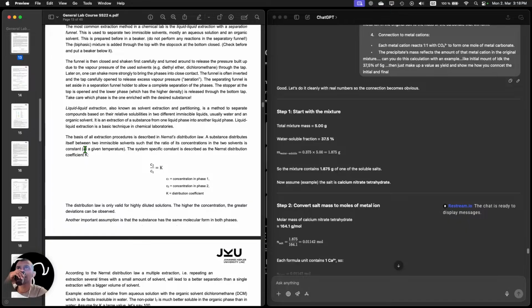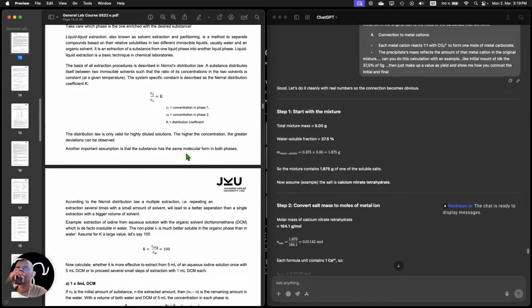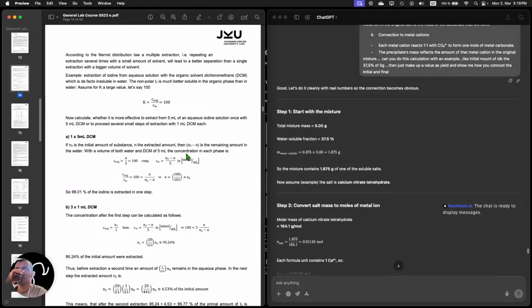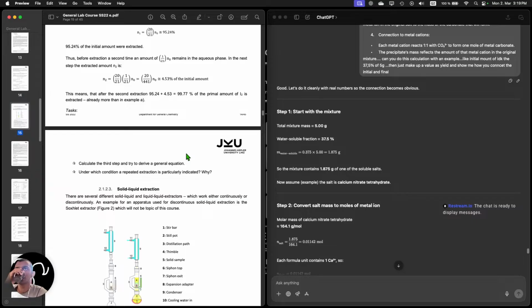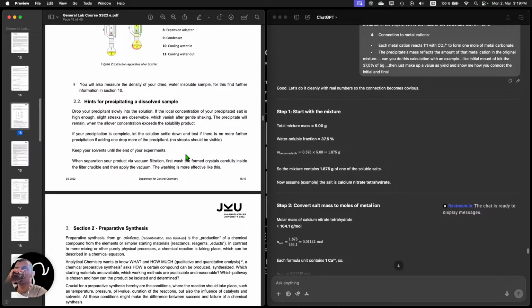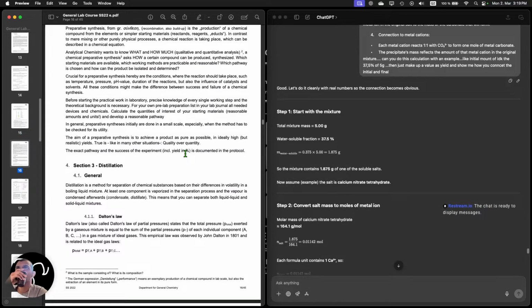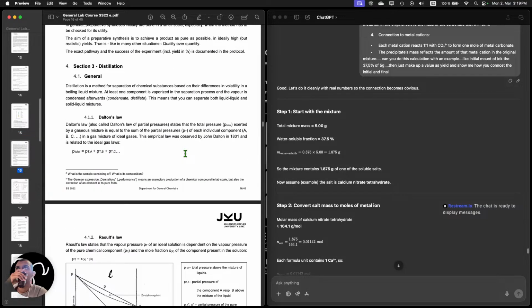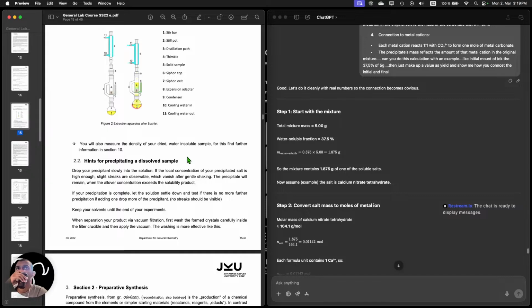The substance distributes itself between two immiscible solvents according to the ratio of concentrations. Wait, okay. Start with the mixture total.